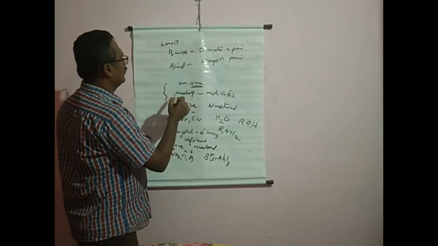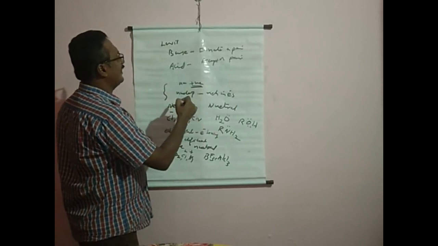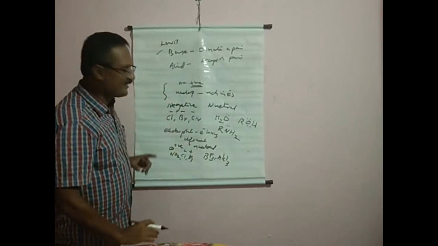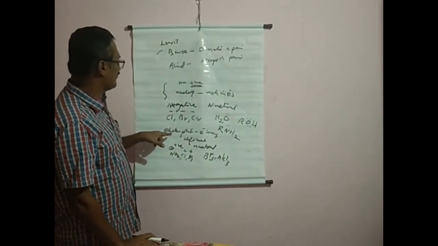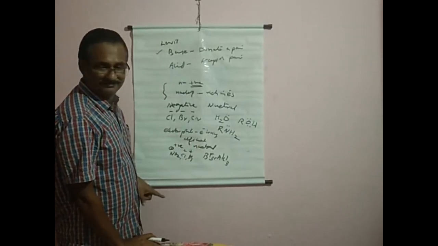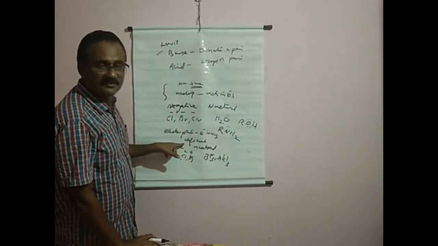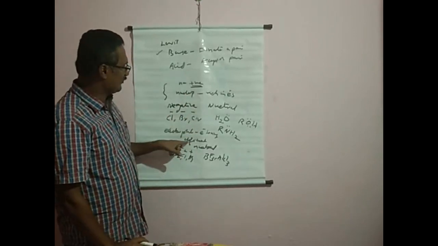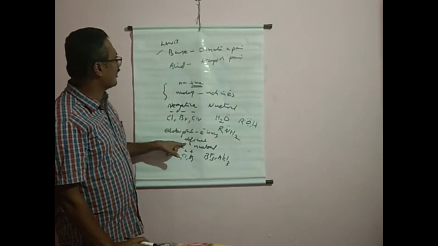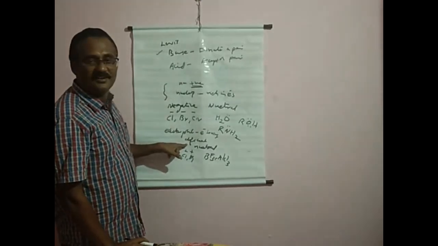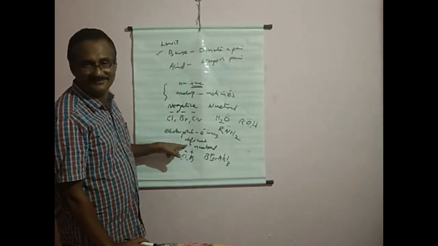So nucleophiles are Lewis bases. Similarly, electrophiles are electron loving and electron deficient, so they are willing to accept electrons. Those which accept electrons are called Lewis acids. So electrophiles are Lewis acids.